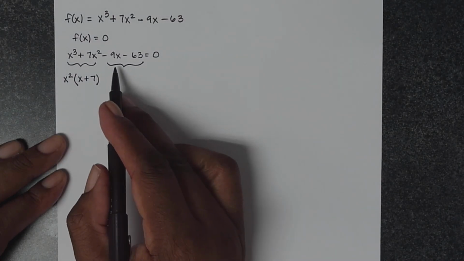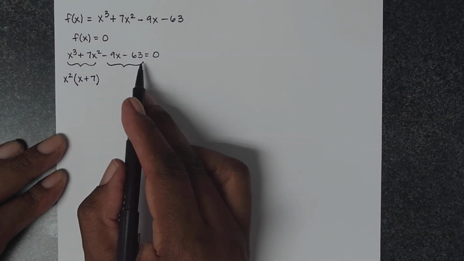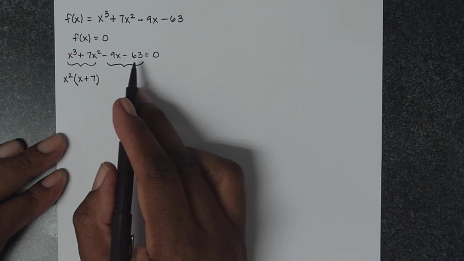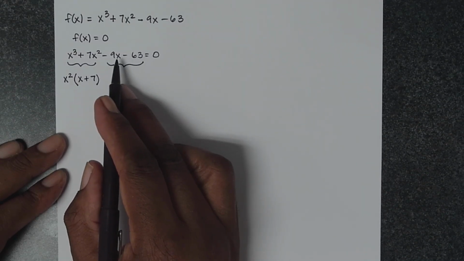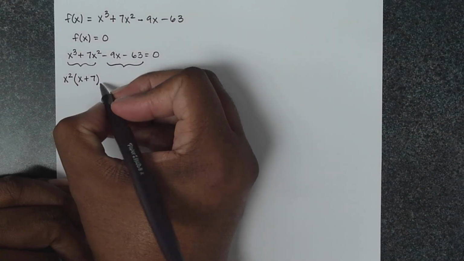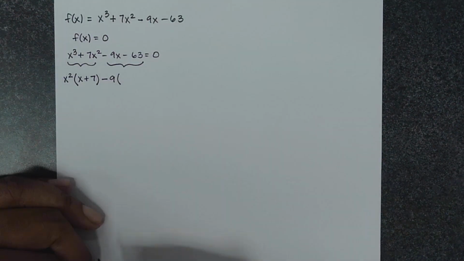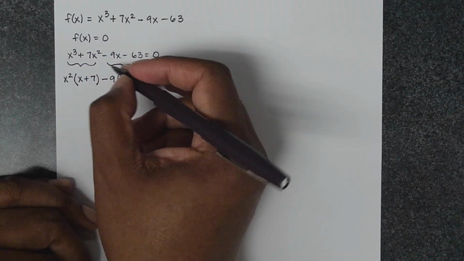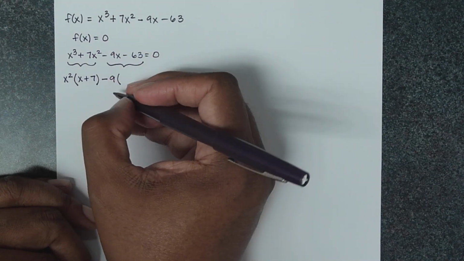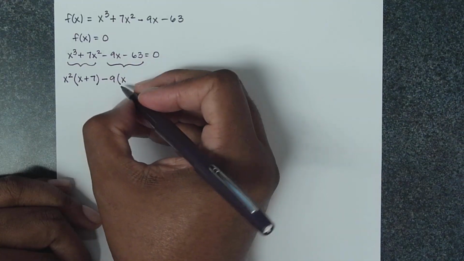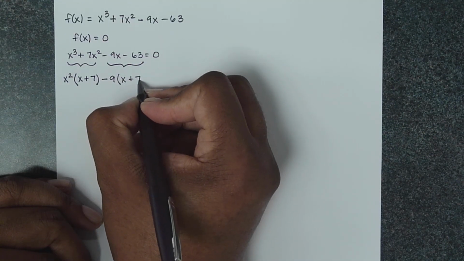Now for the minus 9x minus 63, that's the other grouping. Its common factor will be a minus 9 because I know 63 is divisible by 9. I can factor out the minus 9 because of the minus sign in front. So minus 9x divided by minus 9 would just be x. Minus 63 divided by minus 9 would be a plus 7.